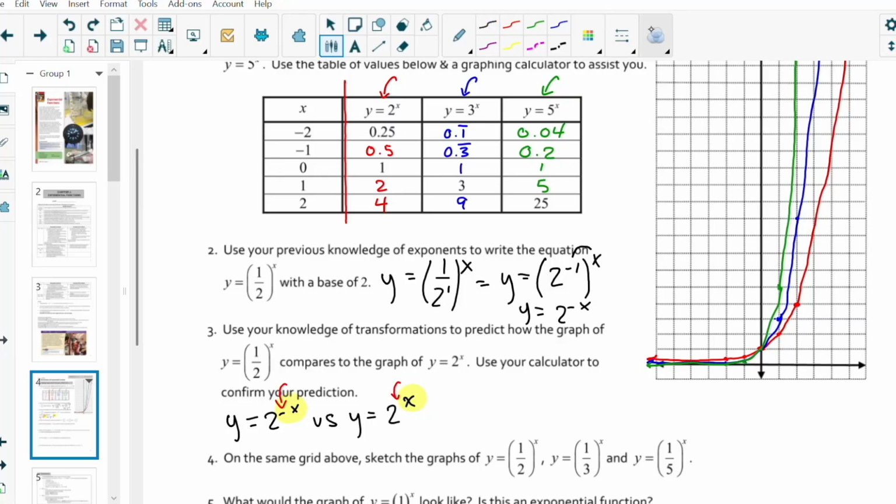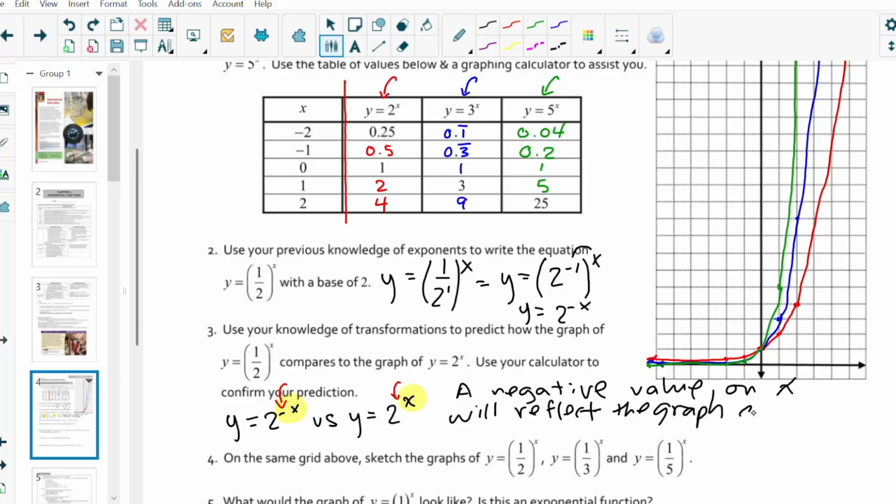And is that what happens? We're going to actually graph this, but let me write this out. A negative value on x will reflect the graph about the y-axis.